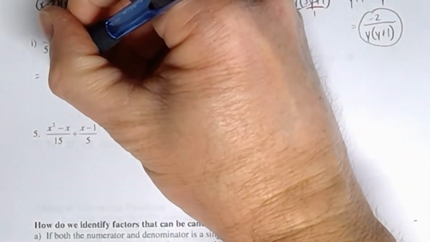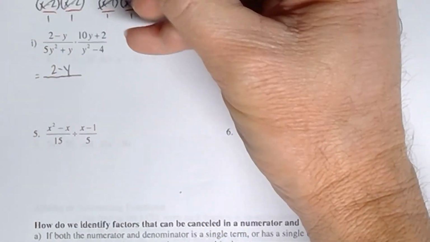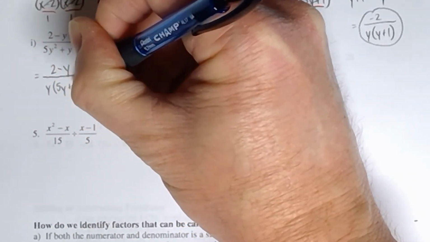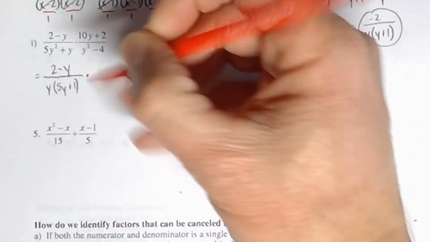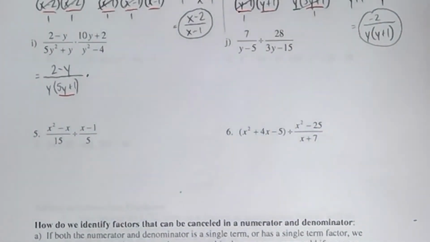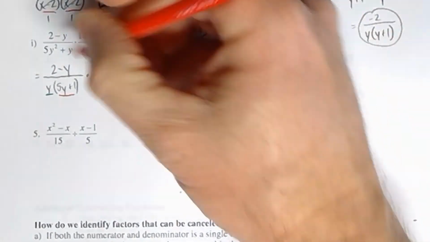2 minus y is prime, so we can't factor that, but let's try to factor everything else here. This one has a GCF of y, and then the resulting bracket right there is actually prime because it has two terms in it, 5y plus 1, and it has y to the first power. That is automatically a prime situation, as we've talked about before with brackets.